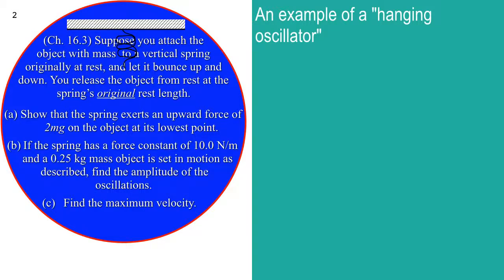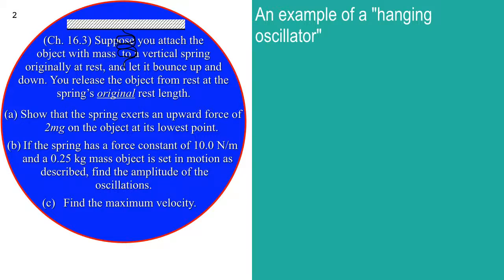You release the object from rest at the spring's original rest length. That's a subtle point, so go ahead and jot that. This is actually a problem in 16.3. Show that the spring exerts an upward force of 2 mg, 2 times the weight force, on the object at its lowest point. So that's maximum extension, and we're going to be working in delta y's.